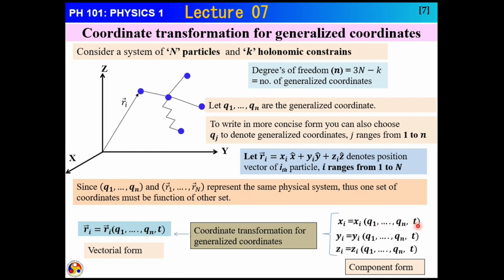That's why we are putting time here. And then xi will be a function of all n generalized coordinates, yi will be a function of all n generalized coordinates, and similarly zi. This is for the particle i.